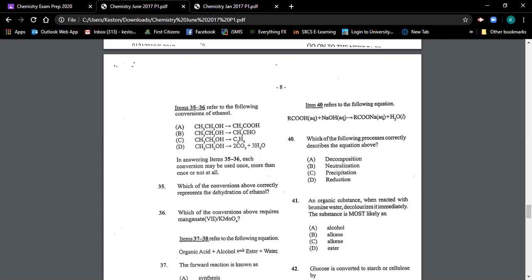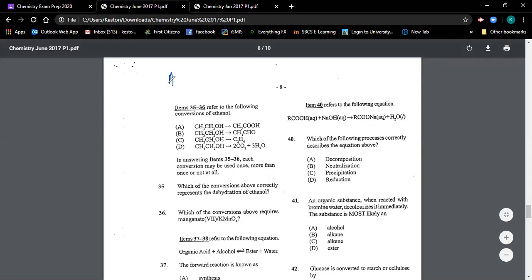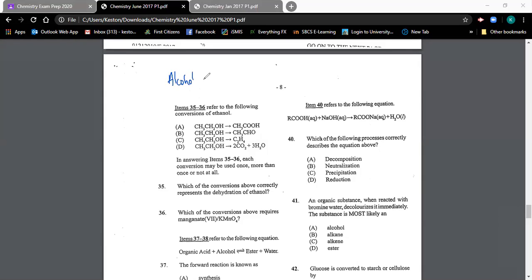35. Which of the conversions above correctly represents the dehydration of ethanol? What happens when we dehydrate ethanol? It goes back to the what? We lose that OH and it becomes a... dehydration of alcohols. Alcohol goes back to something. It's a hydrocarbon.